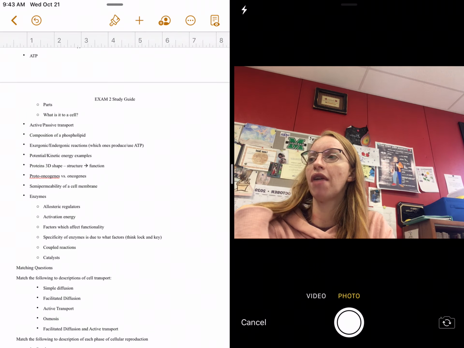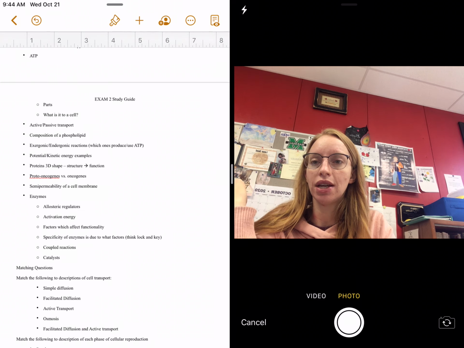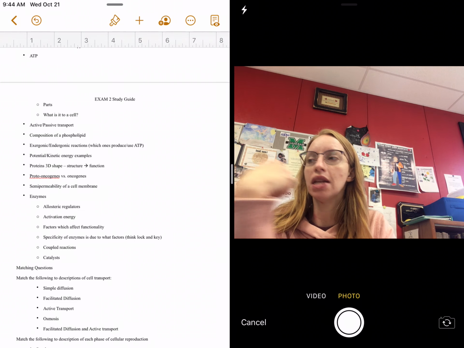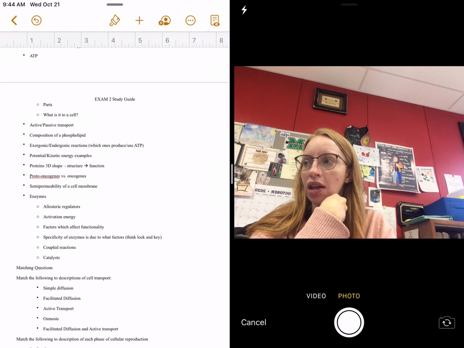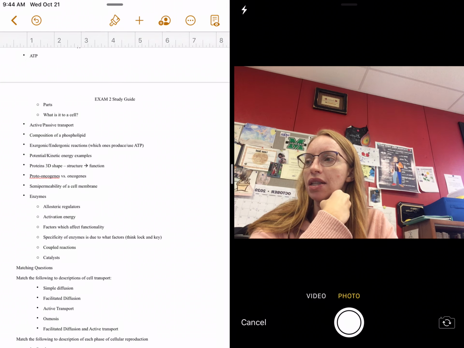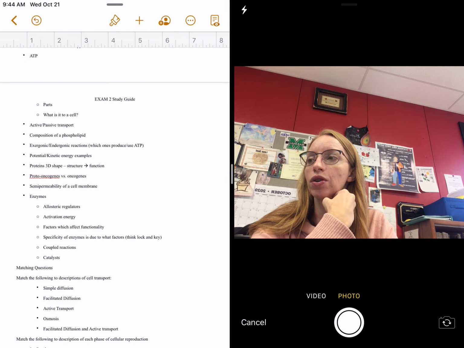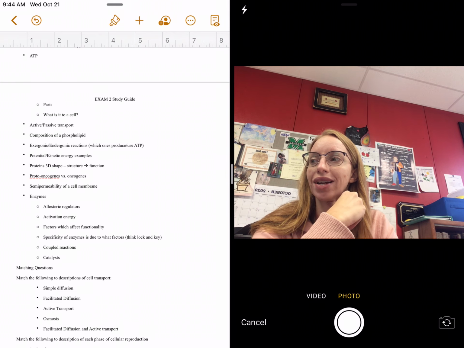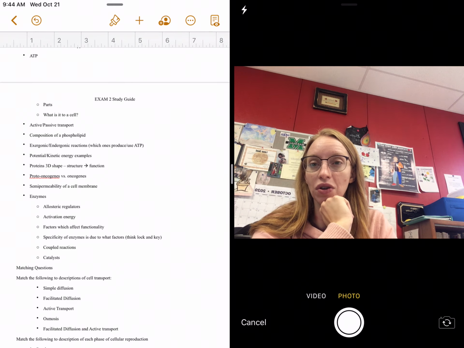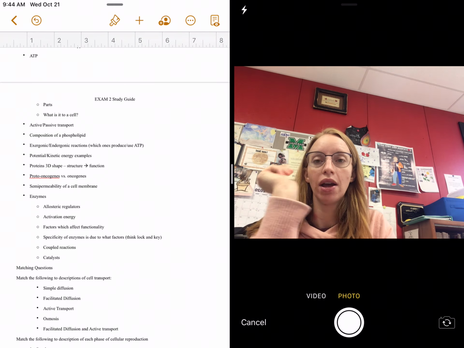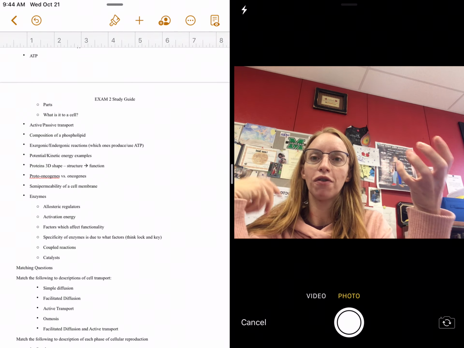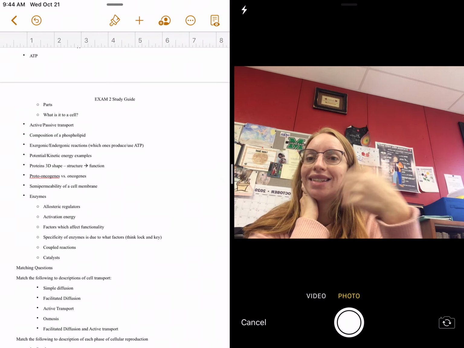Phagocytosis is a type of active transport. It's actually endocytosis, so you're bringing stuff into the cell using the cell membrane. A molecule of a substance requires a carrier or transport protein. So active transport could use a transport protein, as well as facilitated diffusion. Both of those would use carrier or transport proteins to move stuff across the membrane and assist in that movement.